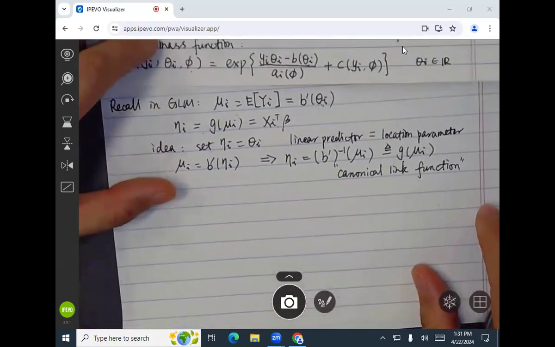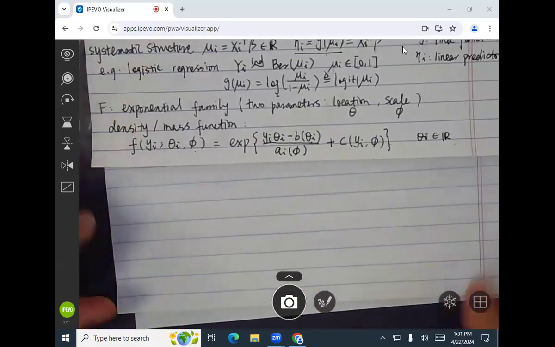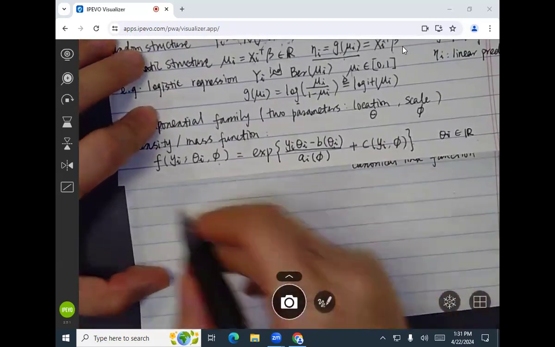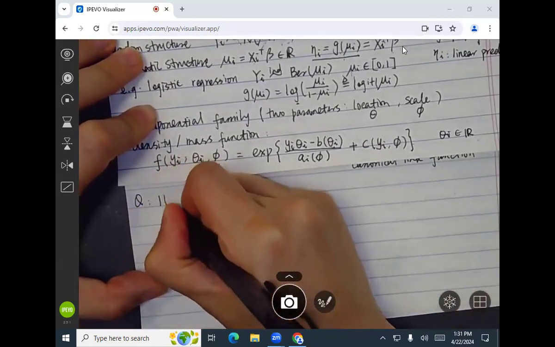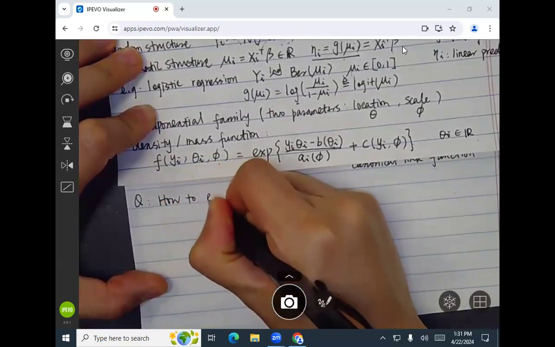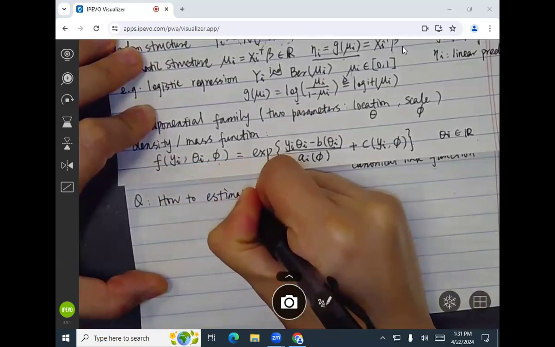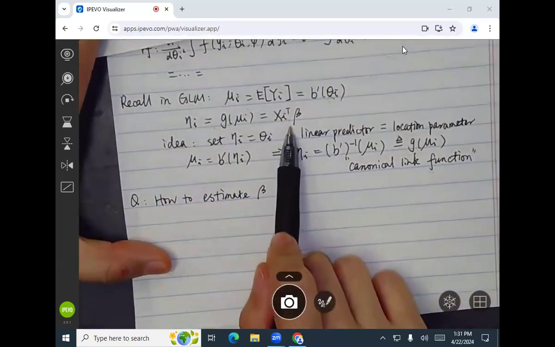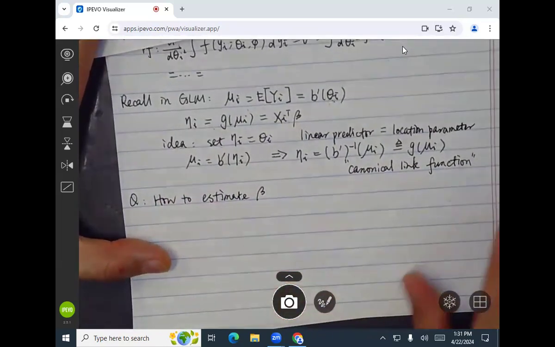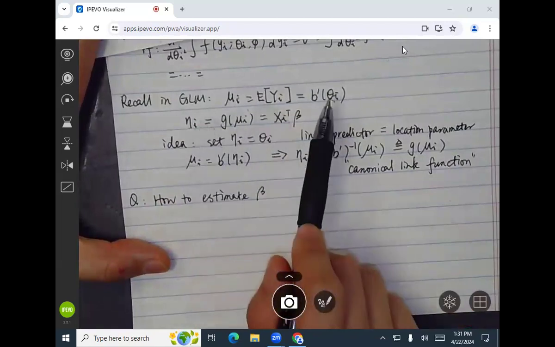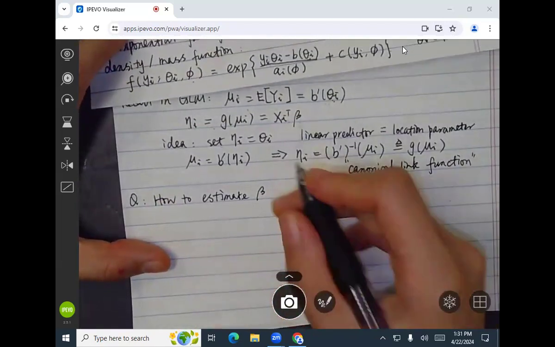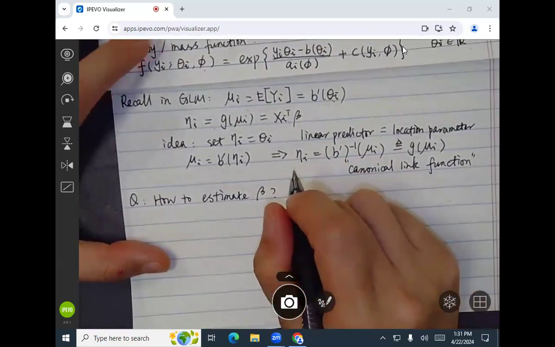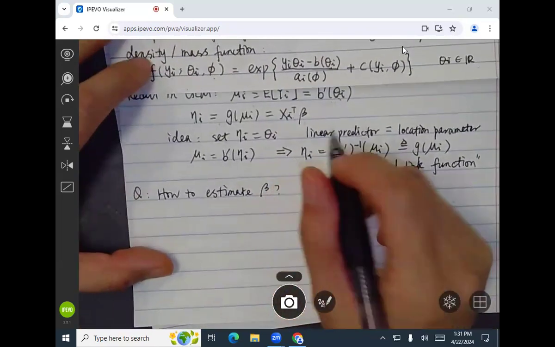So the question we want to answer is how to estimate beta, right? Don't forget, we are interested in beta. That's the parameter of our ultimate interest, not mu i, not eta i, not theta i, but beta. So we need to write down the likelihood.